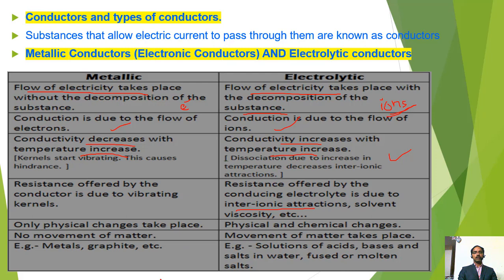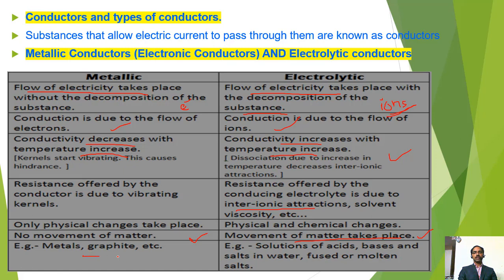Next, in the case of metallic, only physical changes take place. In case of electrolytic, chemical changes take place, of course physical also. In case of metallic, there is no movement of matter, but in case of electrolytic, movement of matter is there.